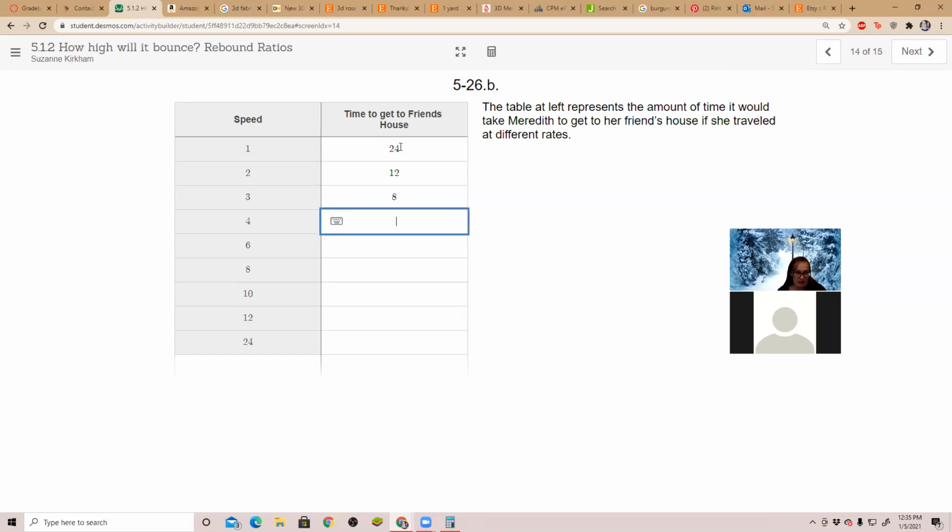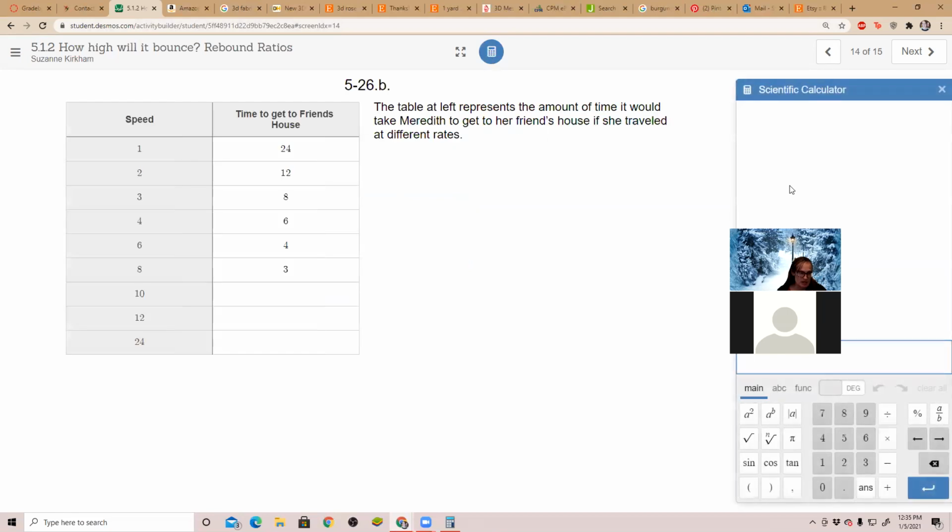4 blocks every minute. So 24 divided by 4 is 6. And then 6 blocks every minute. That's going to be 4 minutes to get to her friend's house. 8 blocks every minute. That'll take her 3 minutes. And then 10 blocks, we're going to use our calculator.